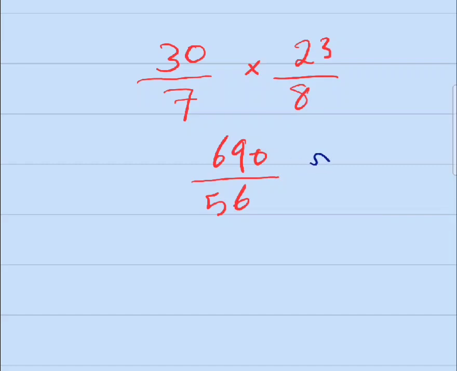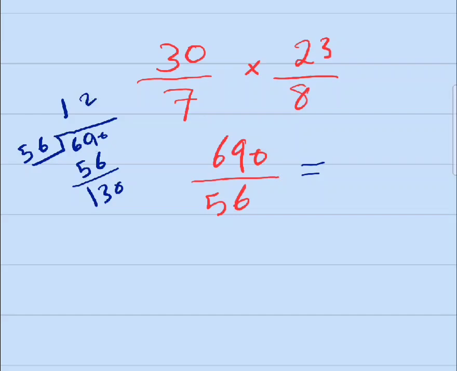So we need to do 690 divided by 56. So I'll come over here to the bottom of my workspace, 690 divided by 56. Well, I know that one whole group of 56 can be pulled from 69 here, and I just go through my process. 2 whole groups of 56 can be pulled from 130.